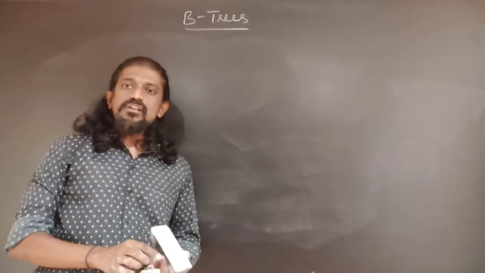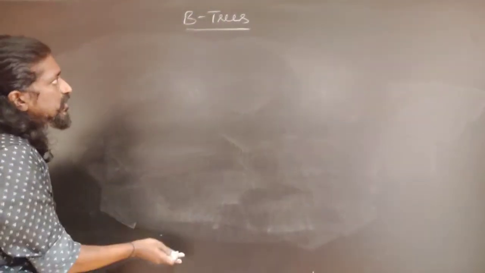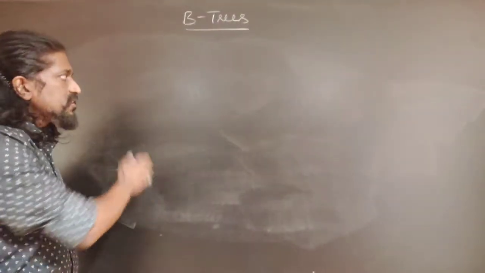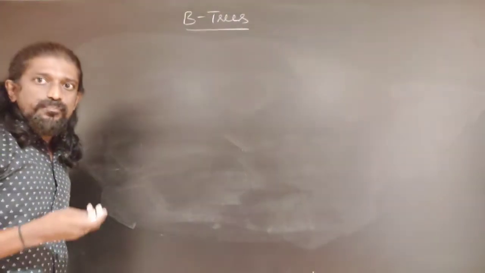How do we construct a B tree? We construct a B tree in a bottom-up fashion. First we insert the key at the leaf level and the tree grows upwards. So let us see how a B tree can be constructed by taking an example of integer numbers.